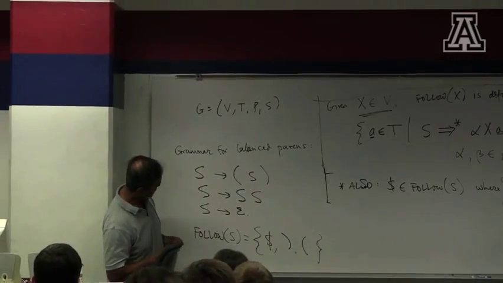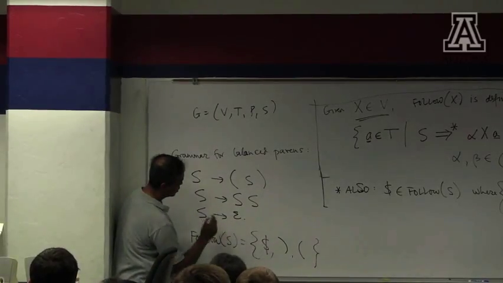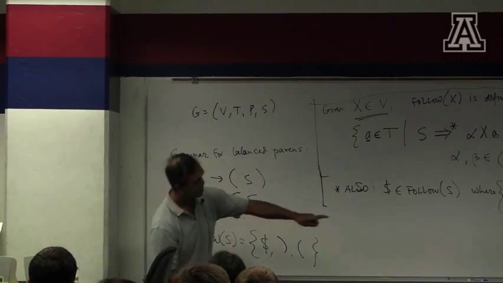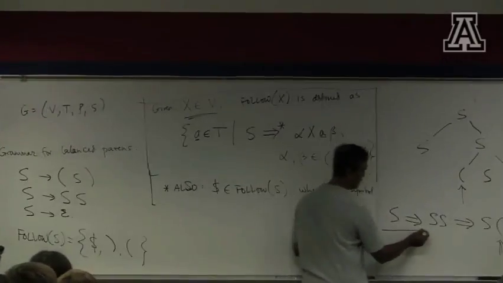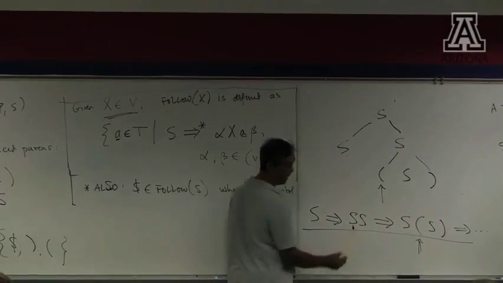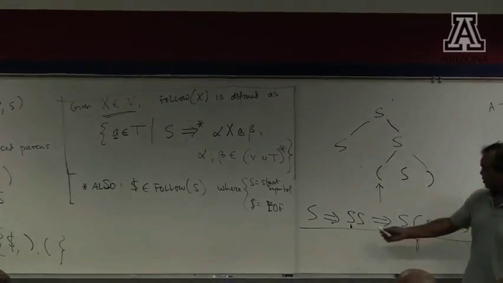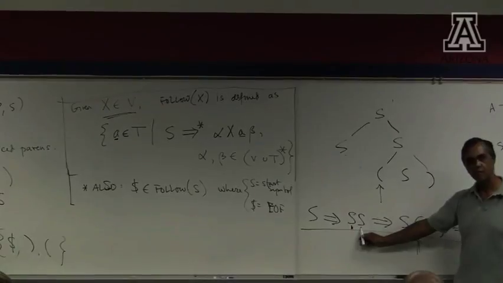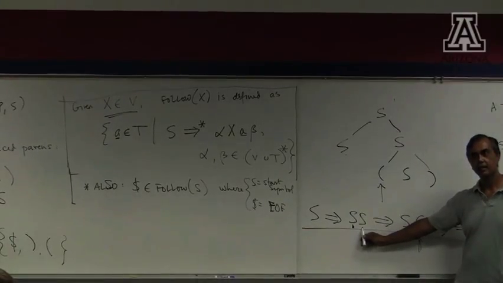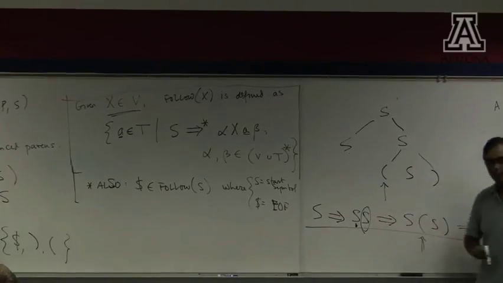The question is, what's going on is this. If you think of this particular derivation, what can follow this guy is whatever can begin this guy, right? So I take this guy and say, well, here's a variable.